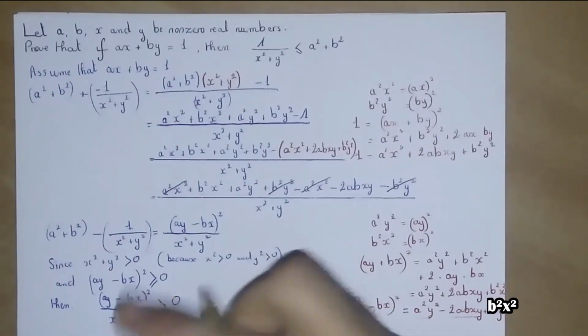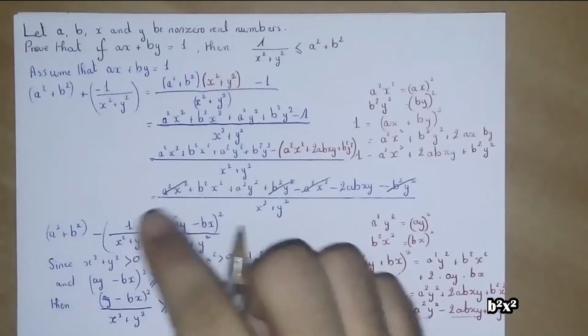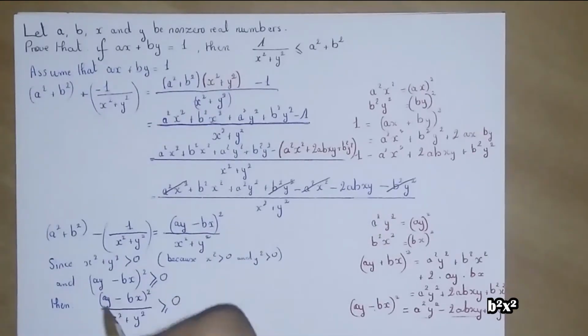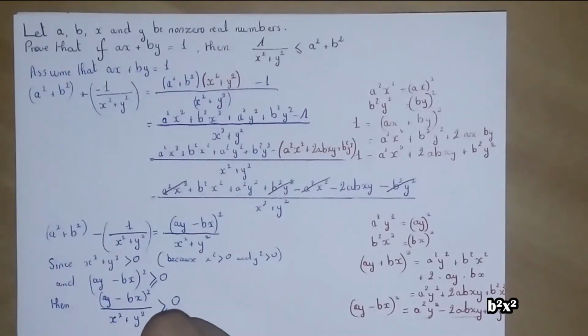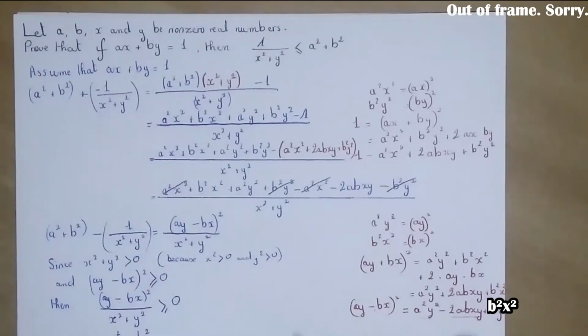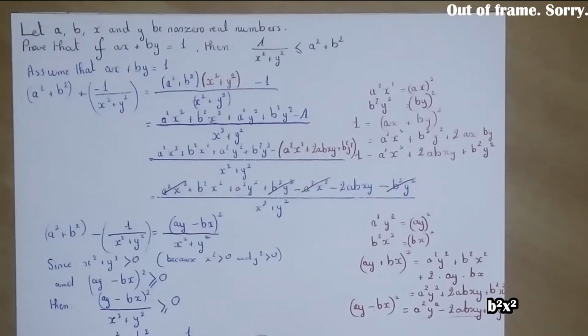But this ratio is equal to the difference of these two numbers. So what we have then is a squared plus b squared minus 1 over x squared plus y squared is positive.